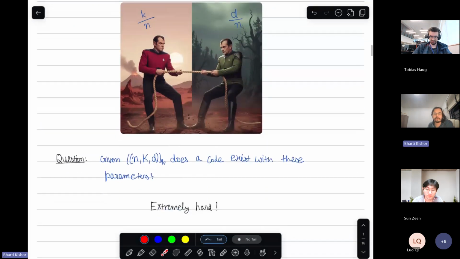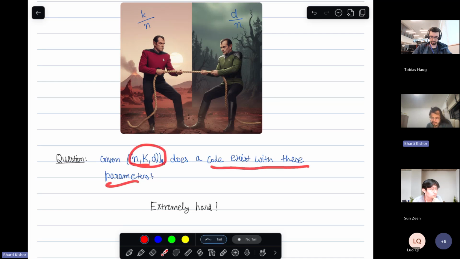And one can ask the question: given n physical qubits, dimension of the subspace capital K, which can be q to the power small k, where q can be 2, then it's 2 to the power small k, and the distance, does a code exist with these parameters?